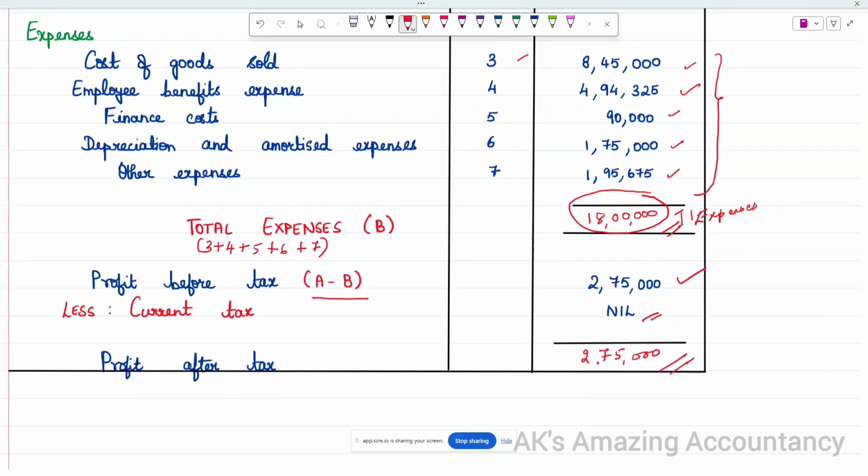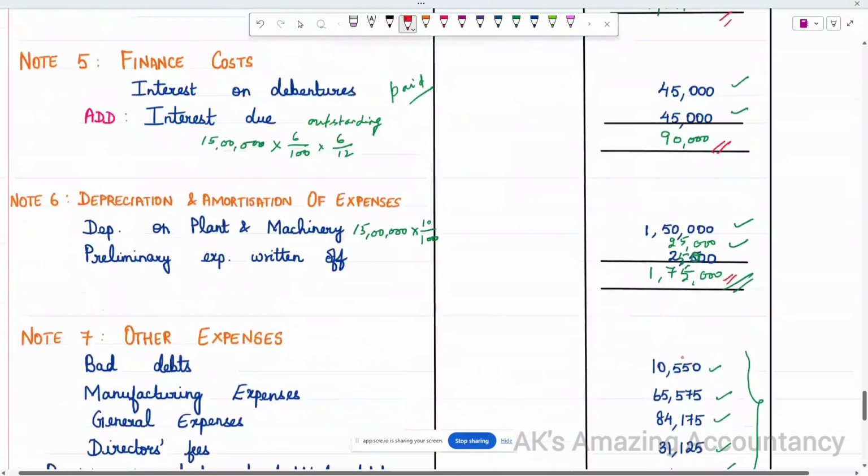So this amount of 2,75,000 we'll be taking to the balance sheet and we will show under the heading reserves and surplus when we prepare the balance sheet. So this is how you will be preparing the statement of profit and loss. First, what did we do?